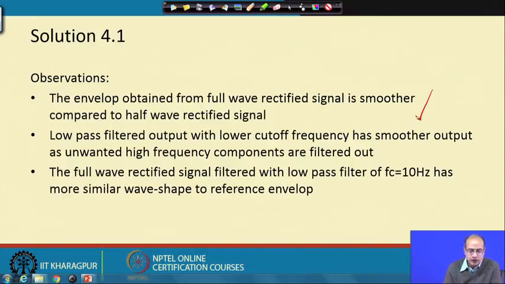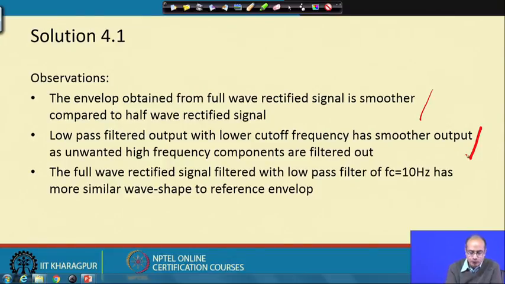Second part is that low pass filtered output with low cutoff frequency has smoother output as unwanted high frequency components are filtered out. When we are increasing the cutoff frequency, it is allowing more and more high frequency components and destroying the quality of the envelope.